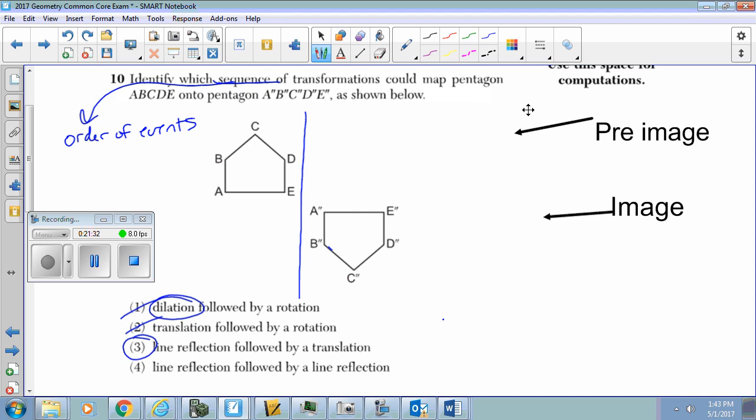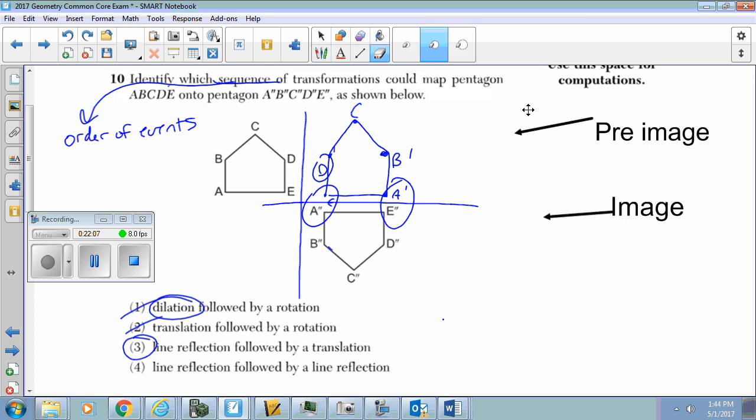What would happen is B would land over here, D would land here, C would be here, and then A would be over here. And then E would be here, right? And then if you did another reflection, so this is a bad picture, but if you did another reflection over this line, do you notice how these do not match up here? And the D would be on B. That's not what we want.